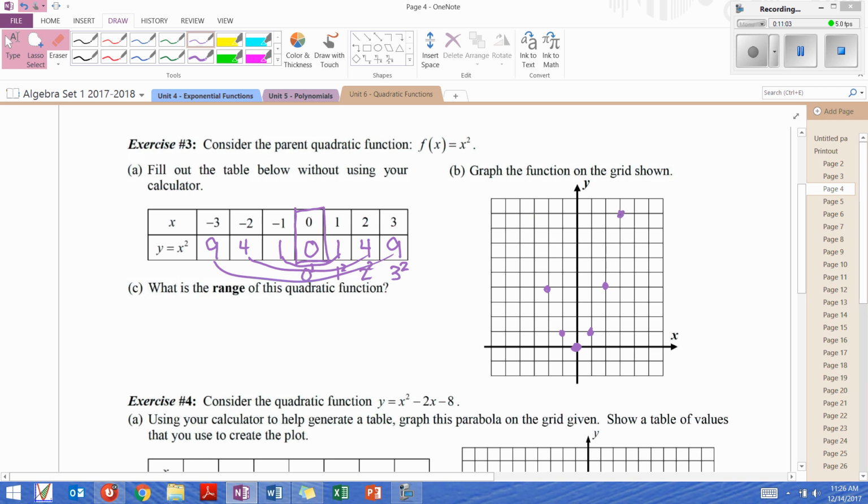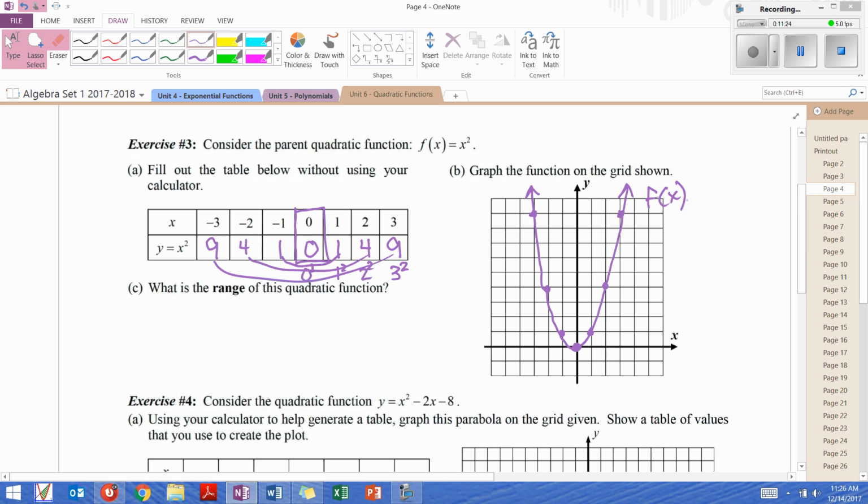Did I do that right? I feel like I'm not counting right. Okay. And instead of connecting with straight lines like an exponential, we do our best to draw a curve. Oh my goodness, look at that side. Crazy. All right, and I'm going to label this f of x.